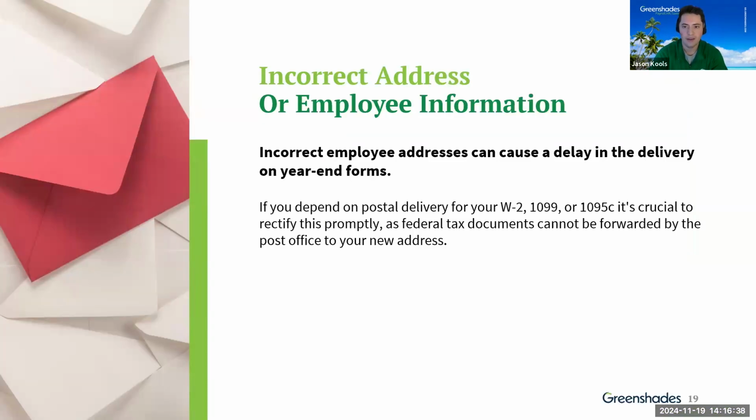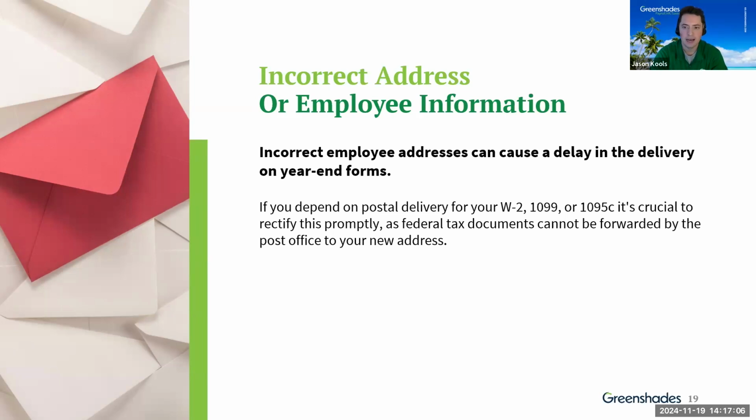And then finally, when it comes to incorrect addresses or vendor or employee information, you just want to make sure that information is accurate, not only so that you have a smooth submission of your forms, but also from a distribution standpoint as well. Any incorrect details can delay delivery, especially for forms being sent in the mail.